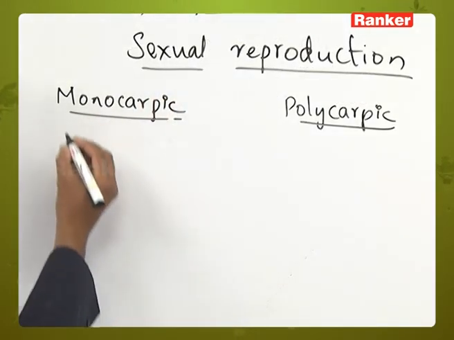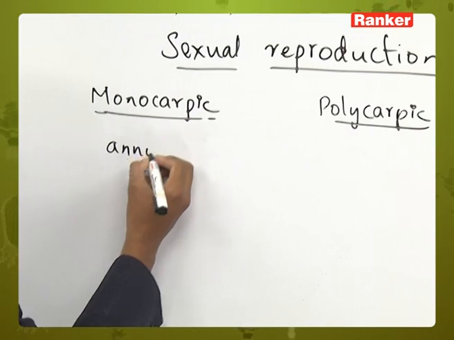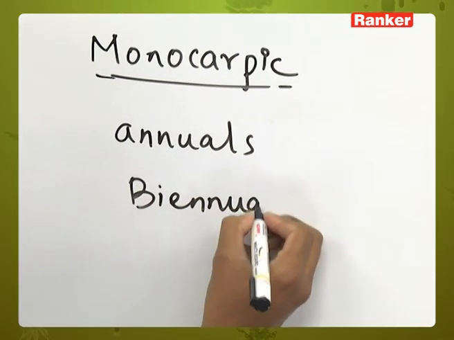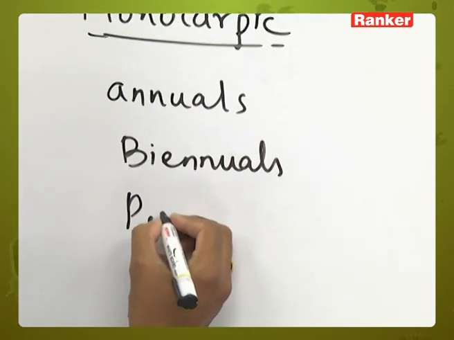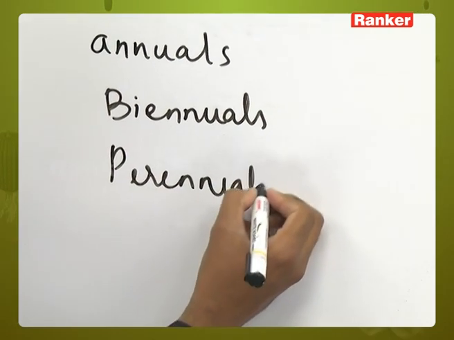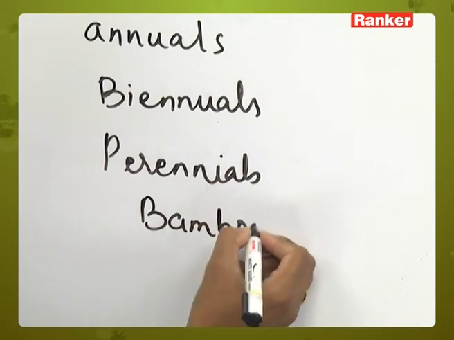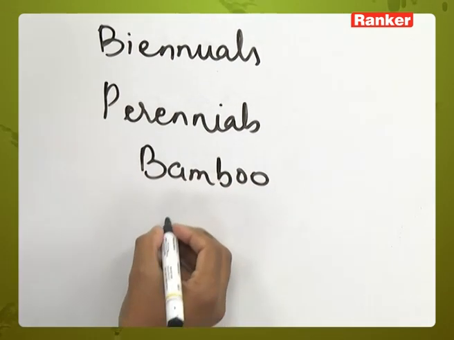This type of character can be observed in annual plants and also in the biennials. Whereas there are some perennials like bamboo and century plant.